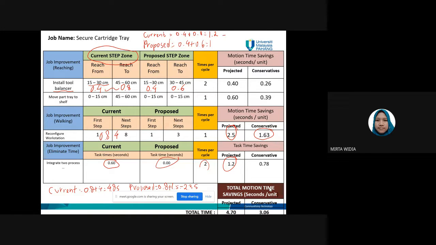Per unit the timing looks small, only 1.64, but in mass production it will show a big impact on productivity.